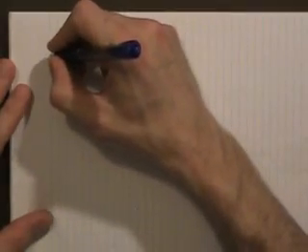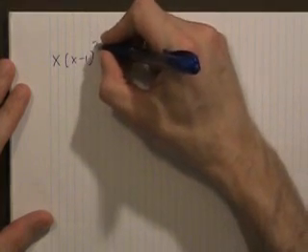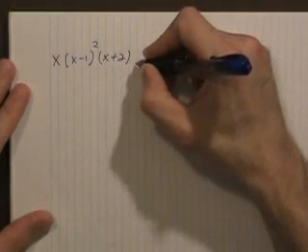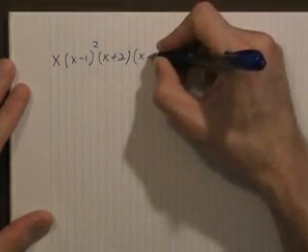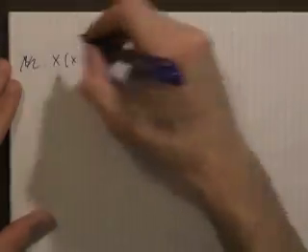Now, we can get really slick with the way that we do these. You really don't need a graph if you really know what you're doing. You could have something like, say, x times x minus 1 squared times x plus 2, and say even x plus 3 squared. Well, guess we don't need that.